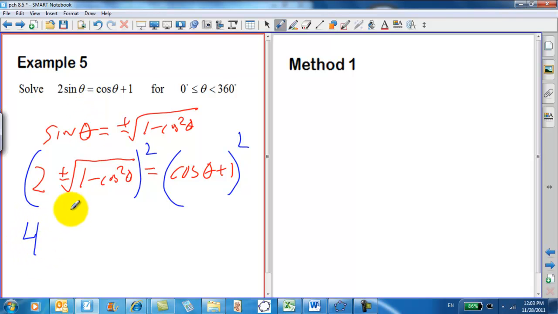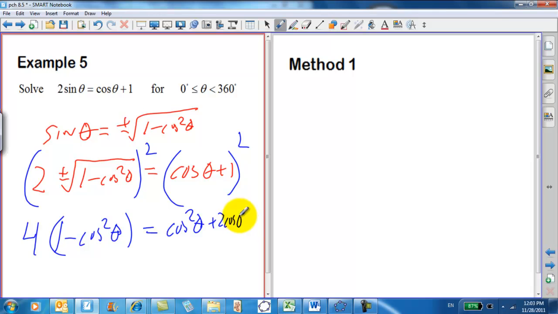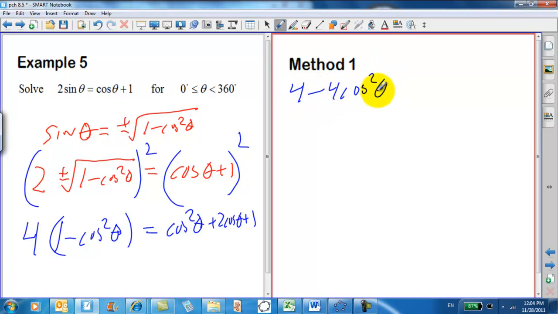So we get 4, and the plus or minus squared disappears: 4 times 1 minus cosine squared theta equals cosine squared theta plus 2 cosine theta plus 1. Okay? So that's 4 minus 4 cosine squared theta equals cosine squared theta plus 2 cosine theta plus 1.